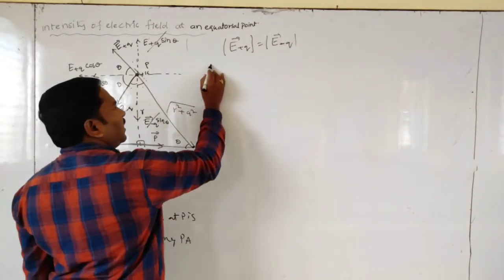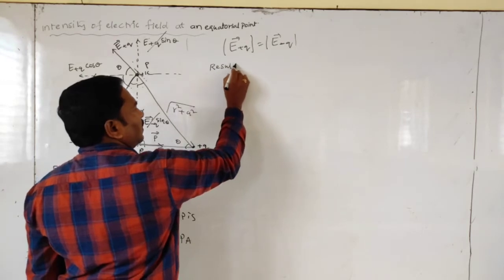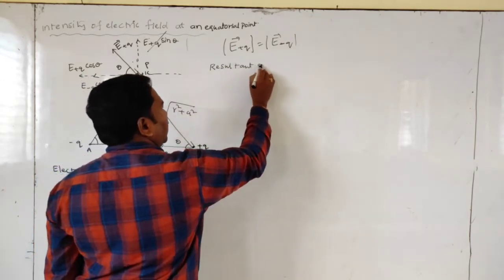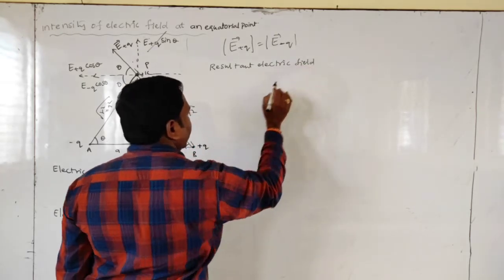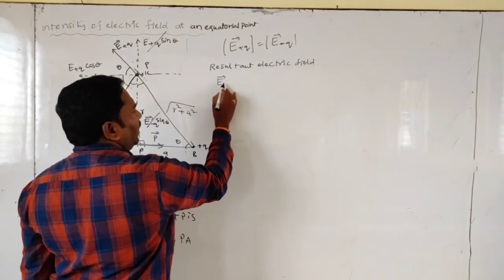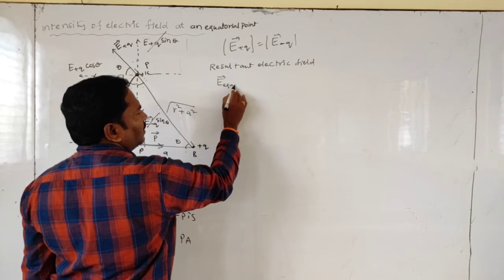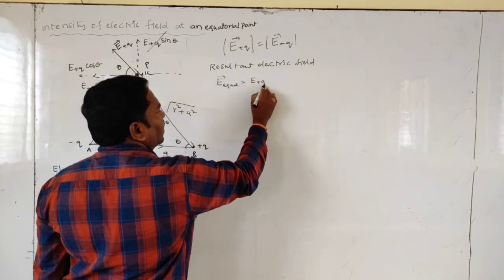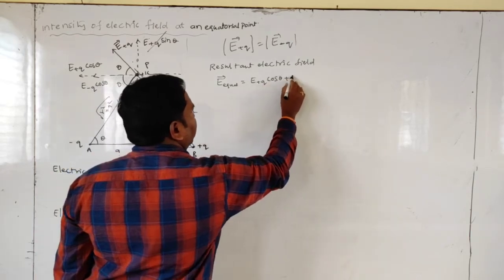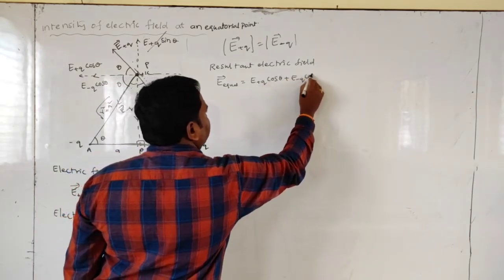Now the resultant electric field at point P. So E equatorial is equal to E plus Q cos theta plus E minus Q cos theta.